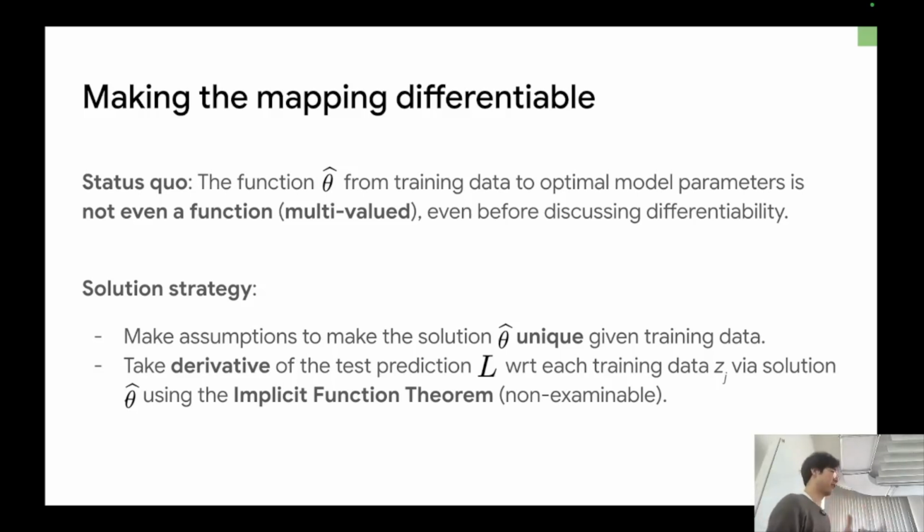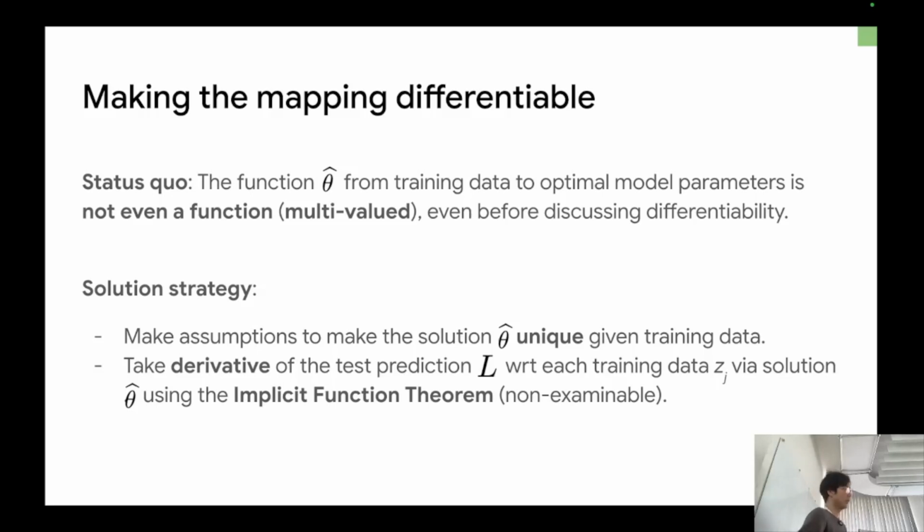So we made some assumptions to make this a function, and a differentiable one as well, which makes the loss with respect to theta, the parameter, a twice differentiable and strictly convex function.